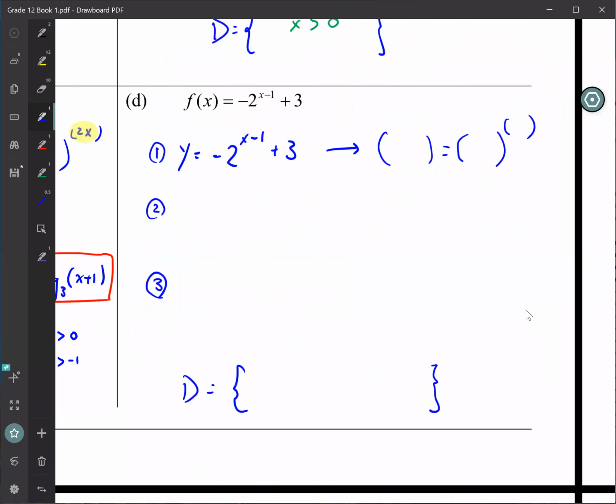Okay, I want to check step 1. Make sure everybody has the same thing in the brackets. Donna, do you have step 1? What's inside the 3 brackets? Oh, yeah. Okay. y minus 3 equals -2 to the power of the exponent.